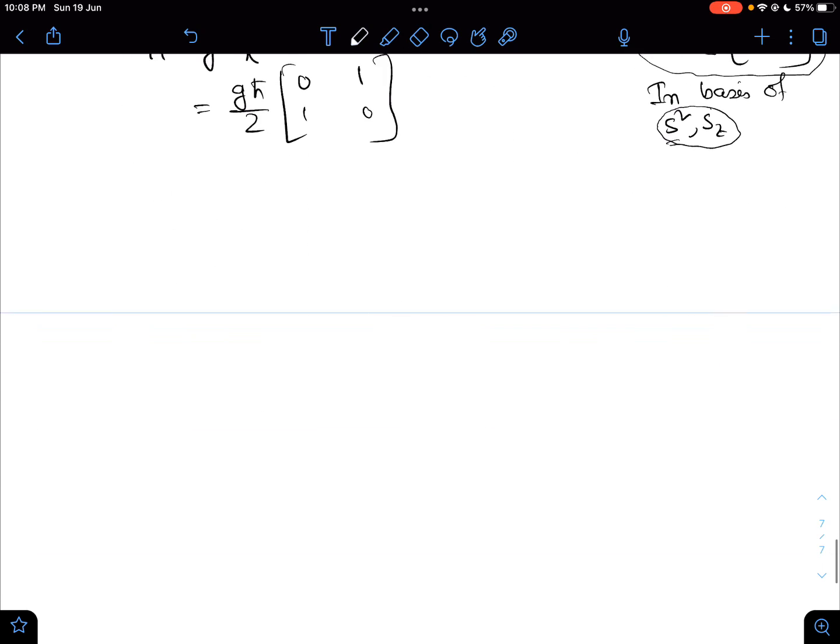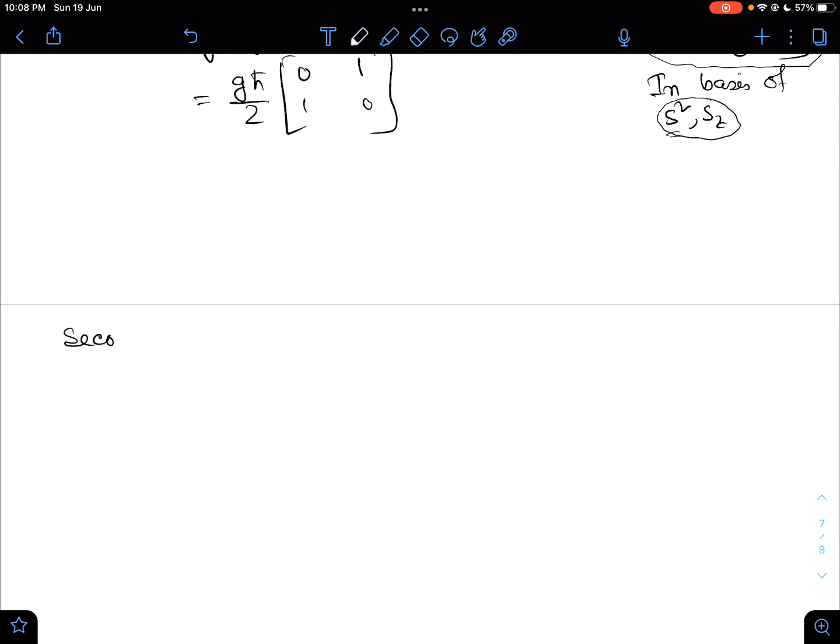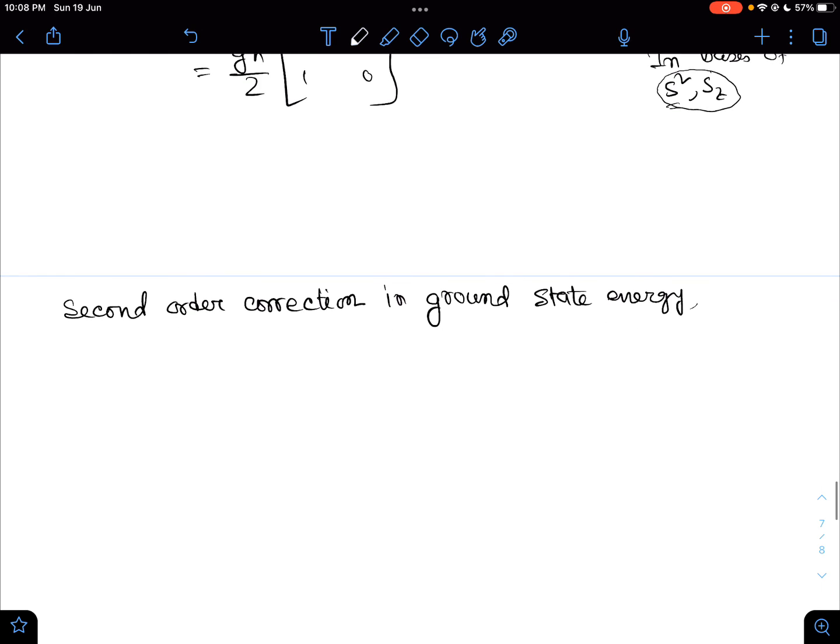Now we have to calculate the second order correction in the ground state energy. So if we denote our ground state energy as E0 0, this is our unperturbed state, and we have another state which is our first excited state.